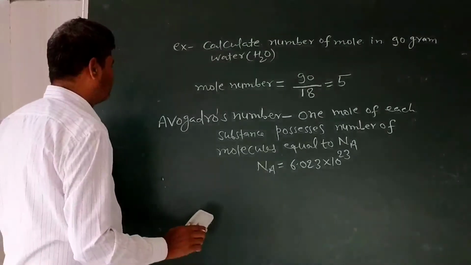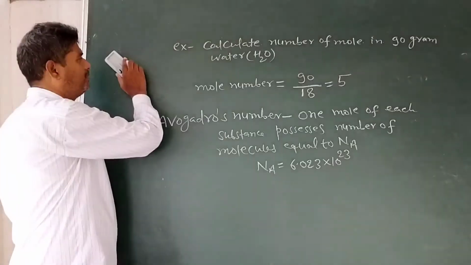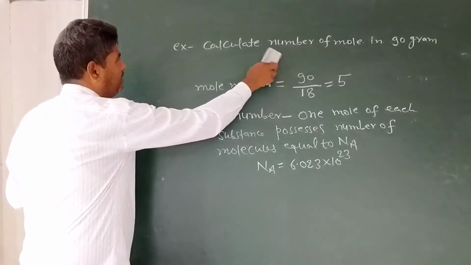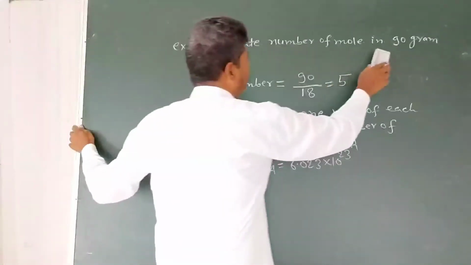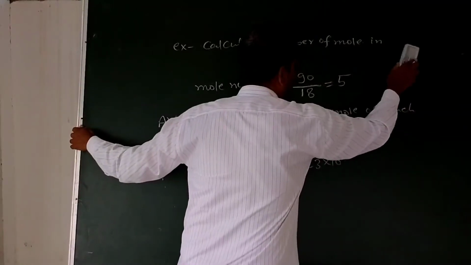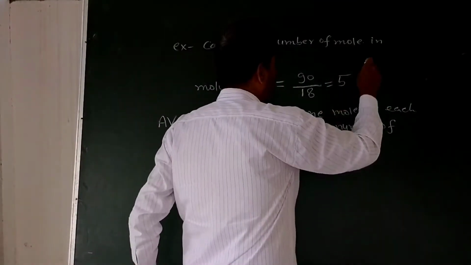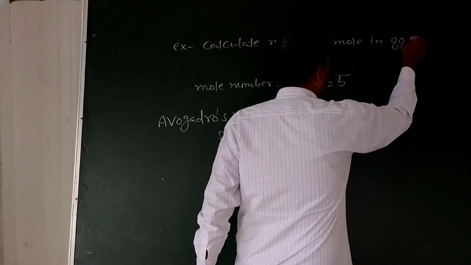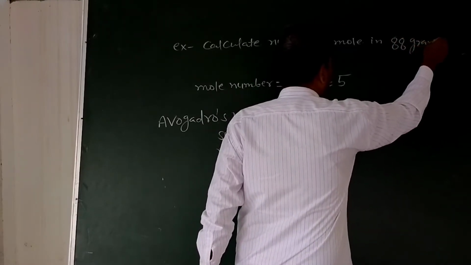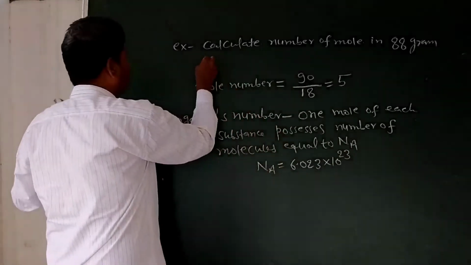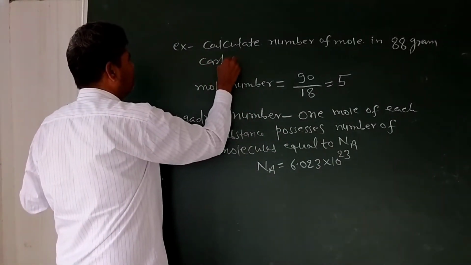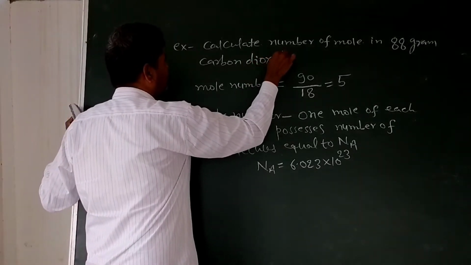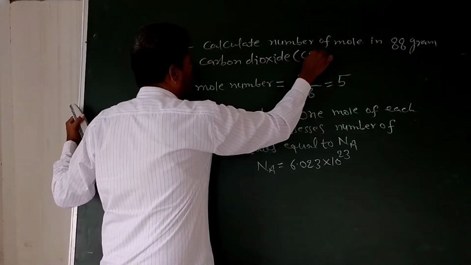Some examples on the basis of Avogadro number. Calculate the number of molecules in 88 gram carbon dioxide, CO2.